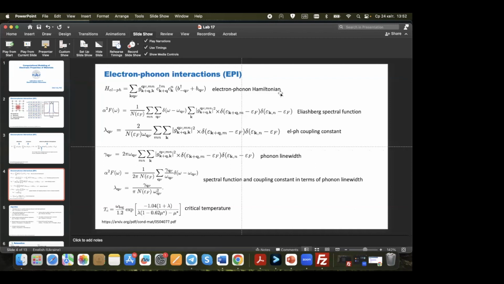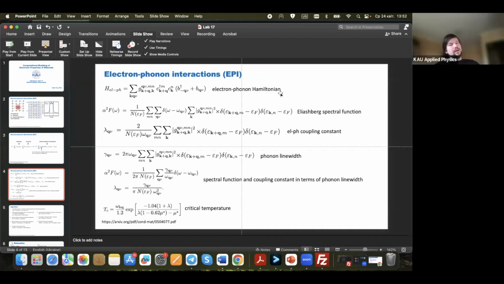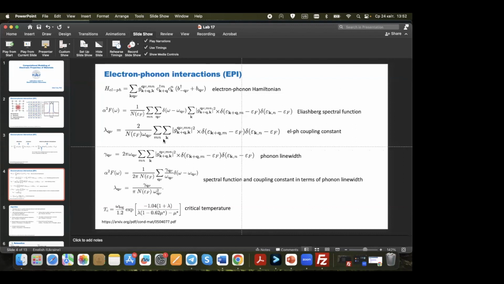Oh no, I see, it's not a one-particle spectral function. How shall we interpret it? I interpret it as an analogue of density of states, but for those collective excitations, let's say.